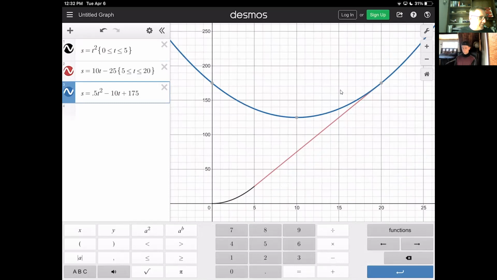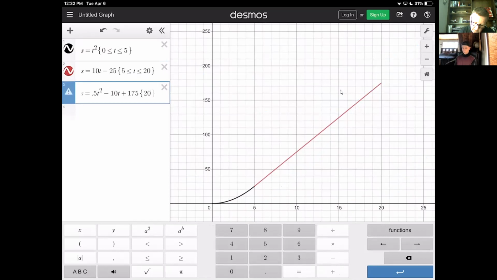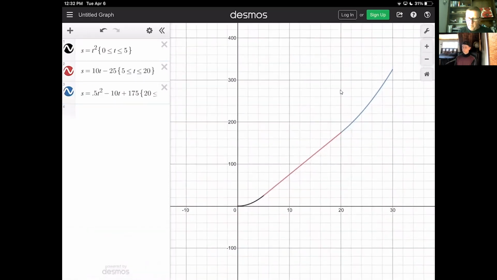And this existed between 20 and 30. So I'm going to throw parentheses into that and say I want this to live between 20 and 30. Boom. It's almost impossible to graph these by hand and have it look good. So notice the transitions are smooth. It's really kind of cool.